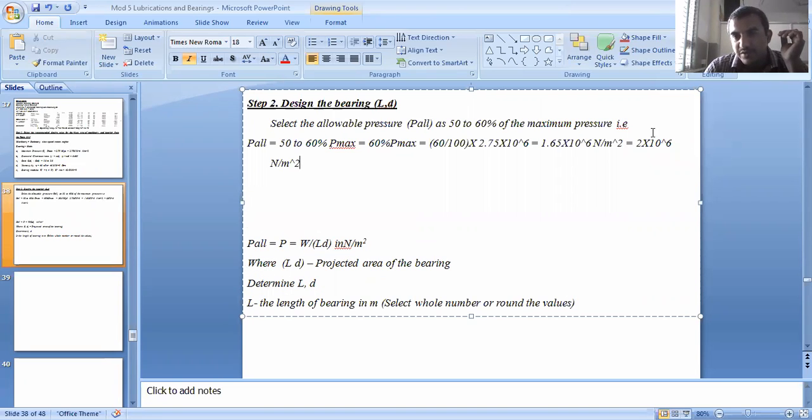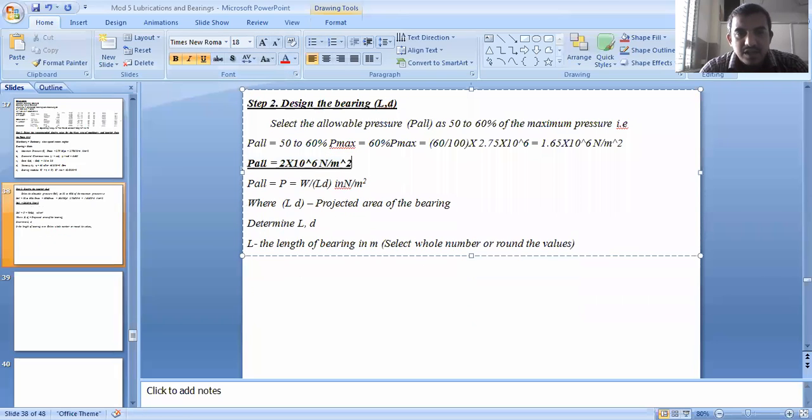Clear? Now that 2 into 10 raised to power of 6 Newton per meter square should be less than 2.75 into 10 raised to power of 6 Newton per meter square. Now be careful about that. So now we'll consider the allowable pressure is 2 into 10 raised to power of 6 Newton per meter square.